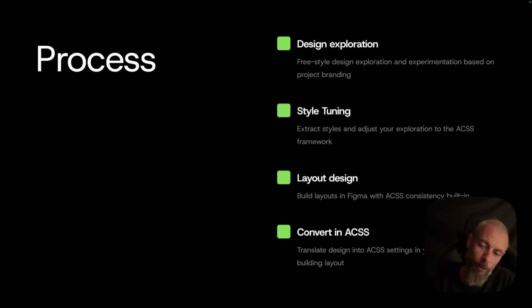I will adapt this to the closest spacing size in my spacing scale in Automatic CSS. Okay, so you get the idea. Layout design, I will start creating new layouts for the project pages, and all these will reflect my existing design status. And in the end, when I'm ready, I will convert into Automatic CSS.